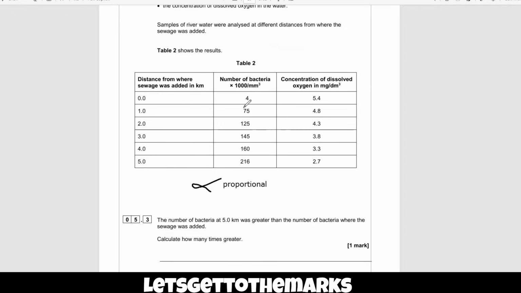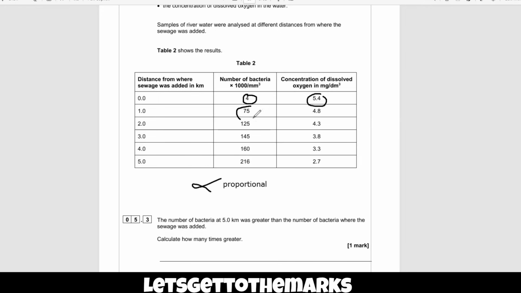If it were proportional, 5.4 divided by that number, you should always get the same. You can show it's not true. So how are we going to show it's not proportional? So when the bacteria was 4,000, that was 5.8.